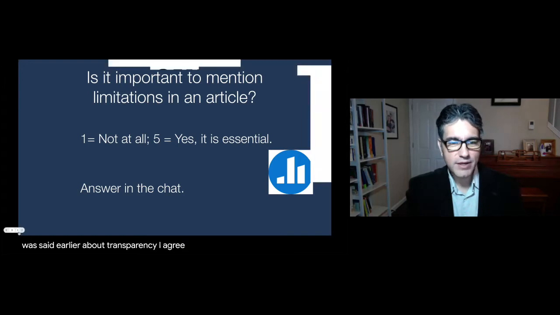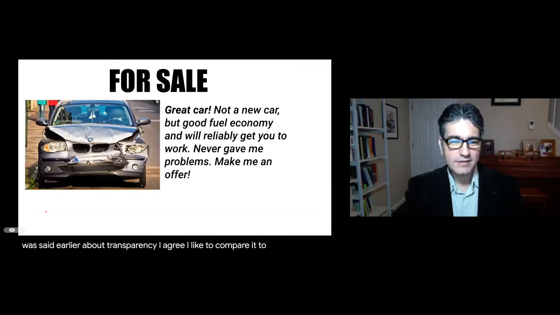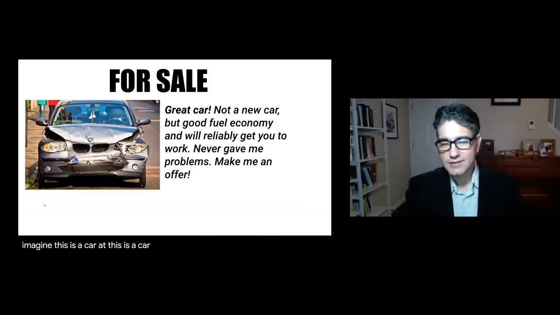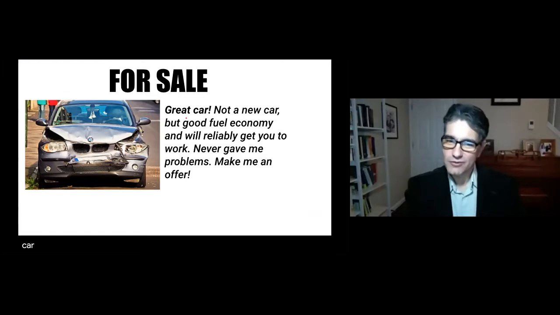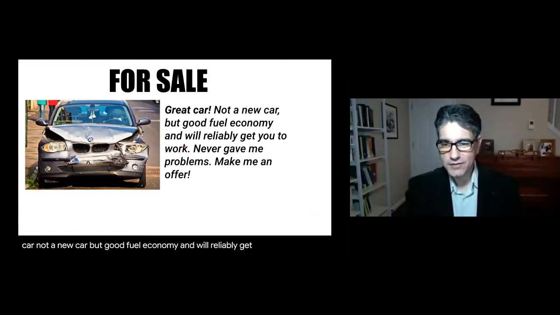I like to compare it to, for example, imagine this is a car ad. This is an advertisement selling a car. You see the picture here, and then you see a description. Great car, not a new car, but good fuel economy and will reliably get you to work. Never gave me problems, make me an offer.